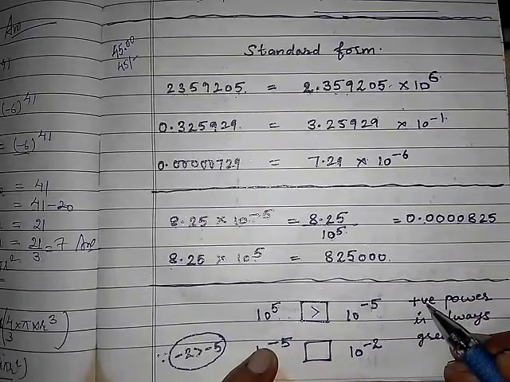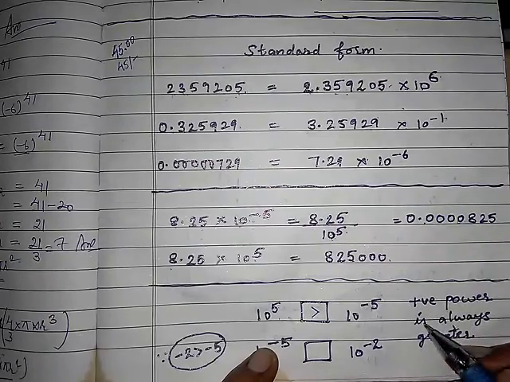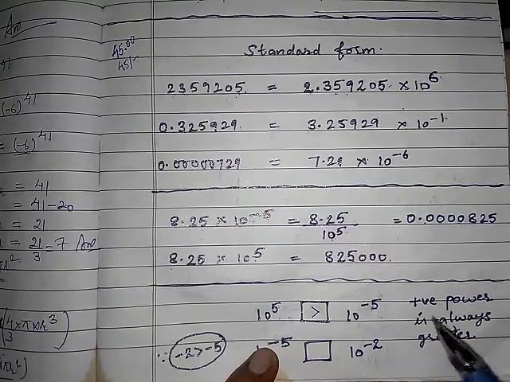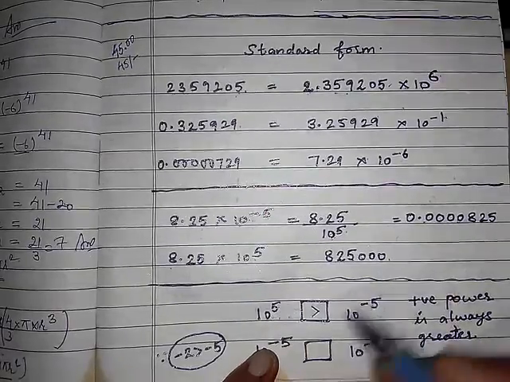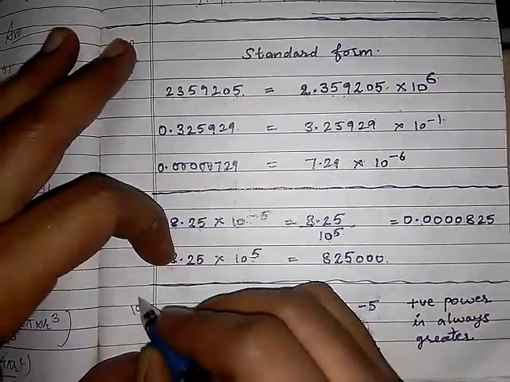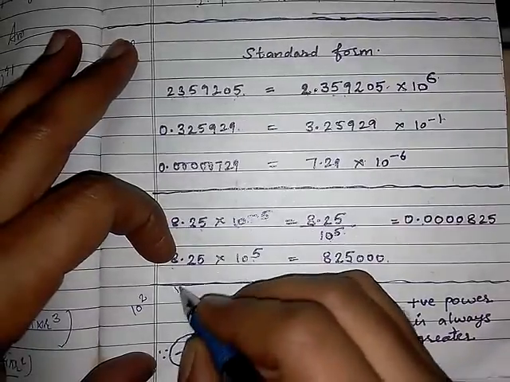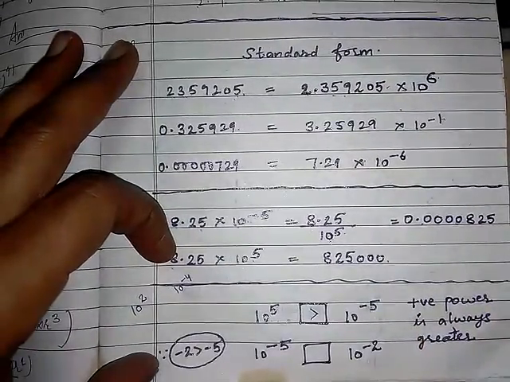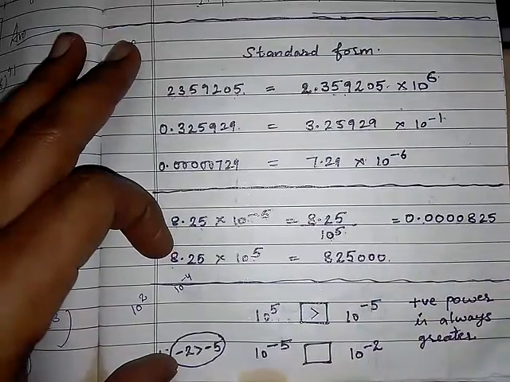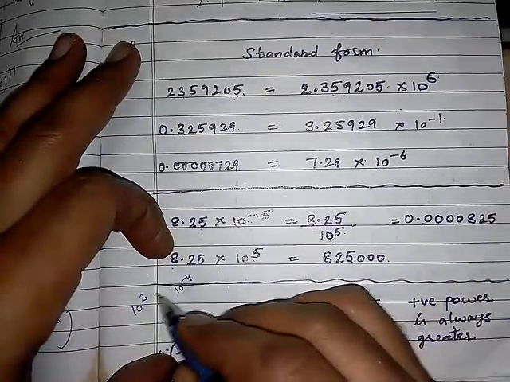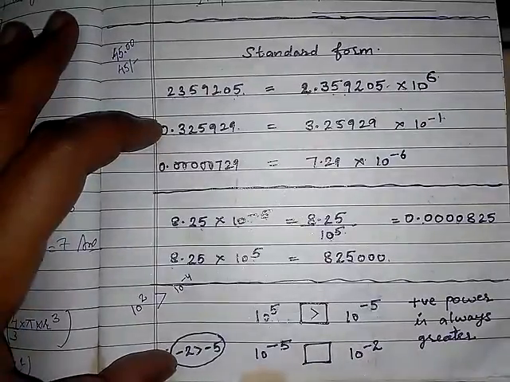Because I have written the reason over here, that positive power is always greater. Suppose in some cases you are getting 10 raised to the power 2, and the other way you are getting 10 raised to the power minus 4. So I told you the rule that positive power is always greater than the negative power, so you will put the greater sign like this.